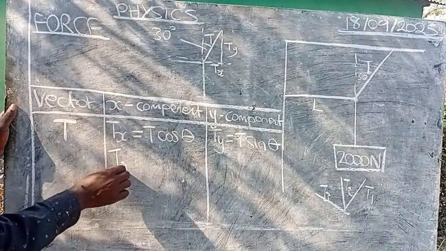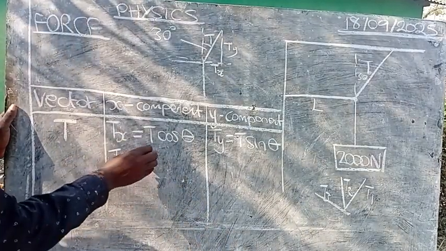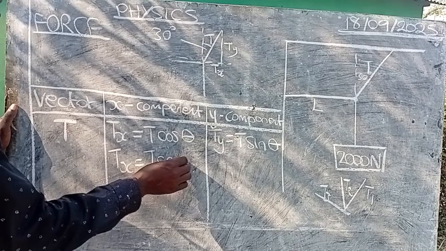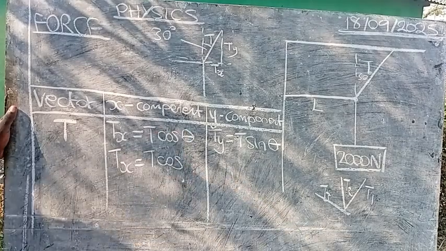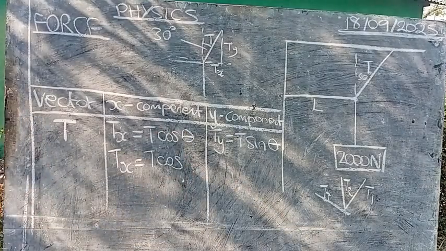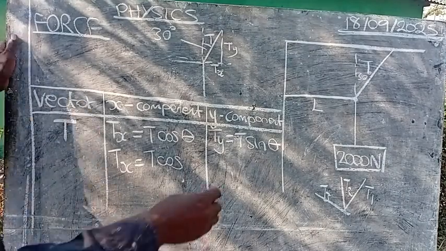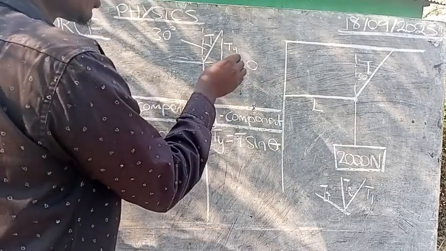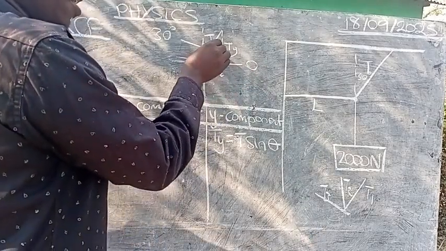So now, Tx will be equal to T, which we don't have and is what we are looking for, times cos theta. We are using the x-axis method, so we have to take the angle starting from 0 up to the vector.